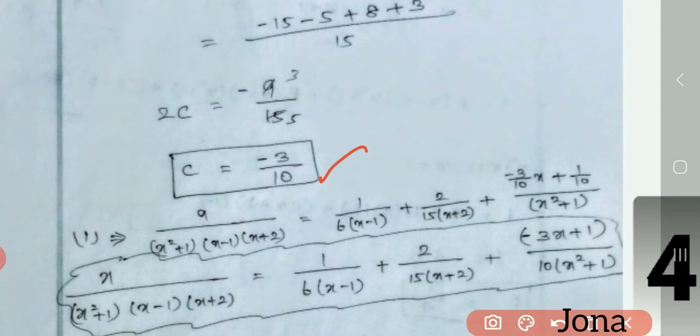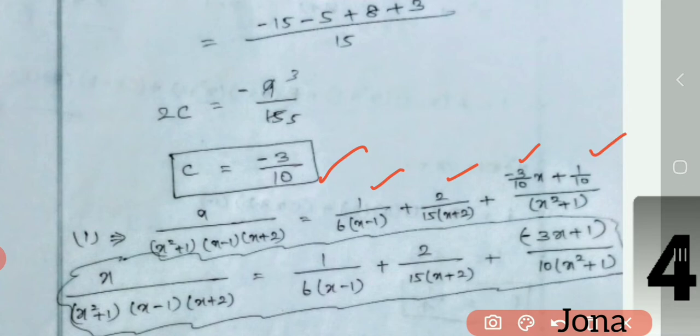Okay, and then now I got the values of a, b, c and d. We can substitute all the four values where we took the partial fraction. So here this is a, this is b, this is c and this is d.